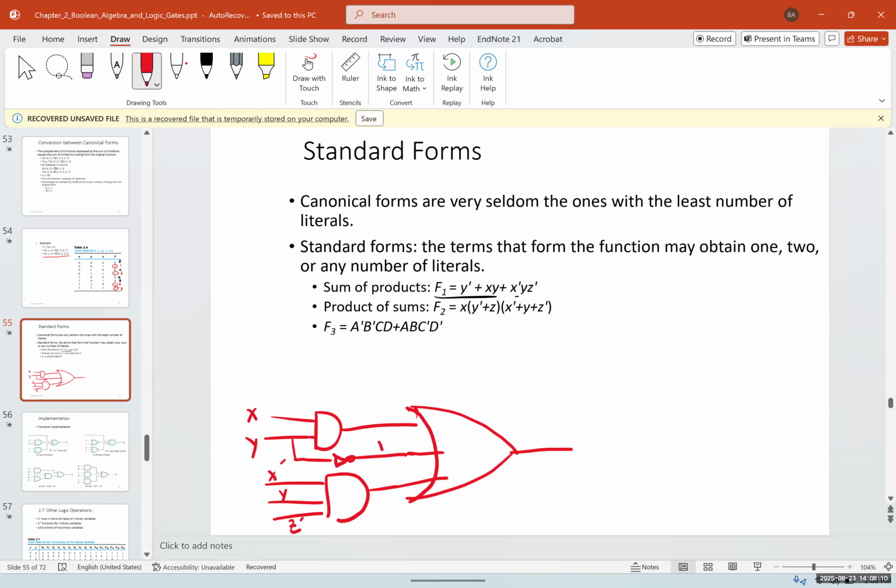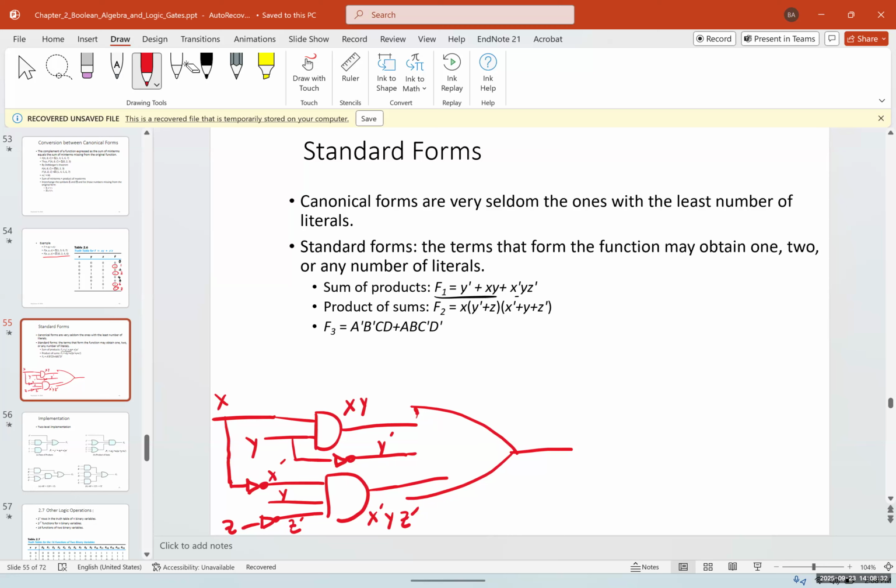We have Y prime here. This is X, Y, and this is X prime, Y, Z prime. Again, this goes to a Z, and this would expand like this. This is X connected with a NOT to X prime.